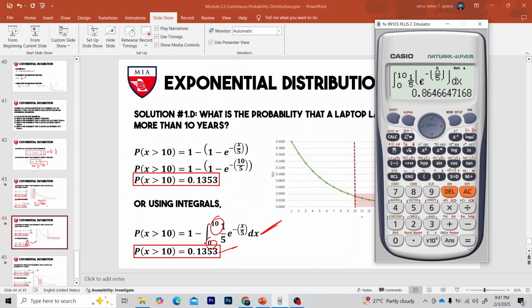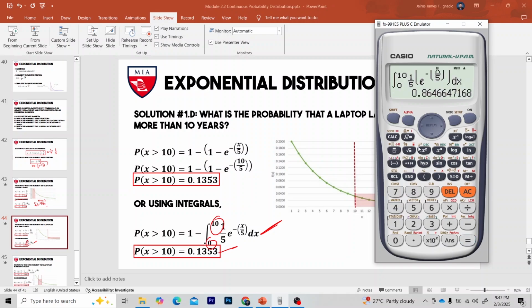Since x is greater than 10, we need to subtract from 1. Sorry, let's try it again. I cancelled it. So we have 0, 10, and 1 over 5 multiplied by e raised to negative x over 5.